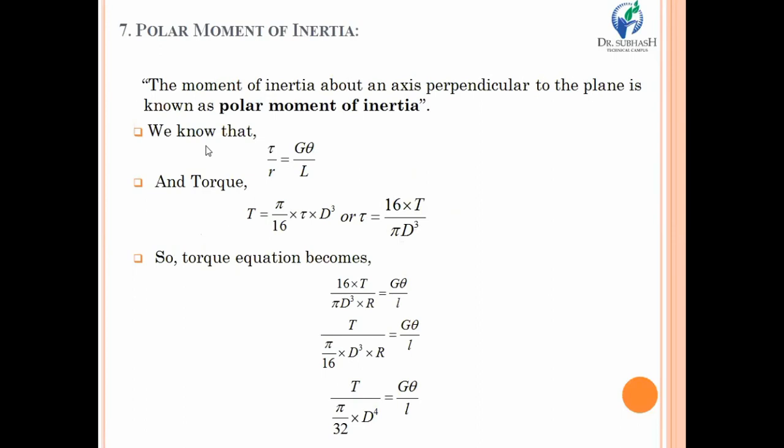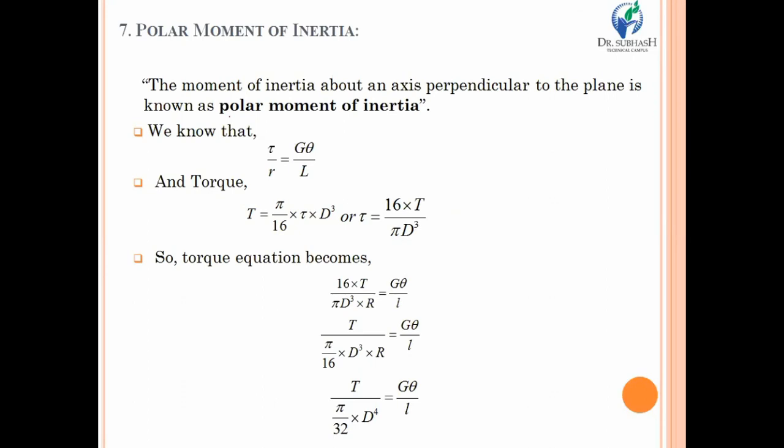After that, topic number 7, the polar moment of inertia. We all know that the moment of inertia about an axis which is perpendicular to a plane, that means perpendicular to the x and y axes, is known as the polar moment of inertia.